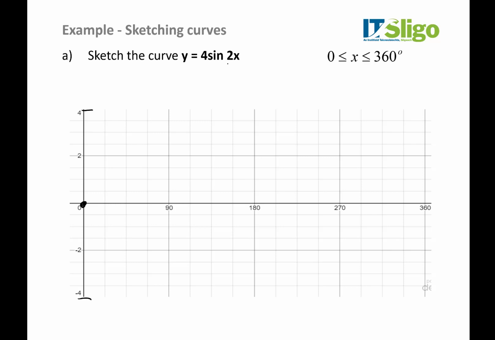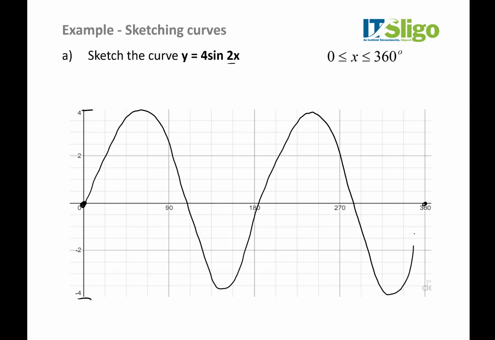And I need to complete 2 full cycles by the time I get to the end. You're always looking for a nice smooth waveform. That's the general idea. That's what my waveform should look like.